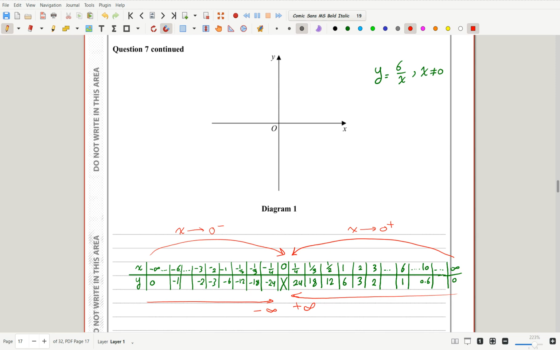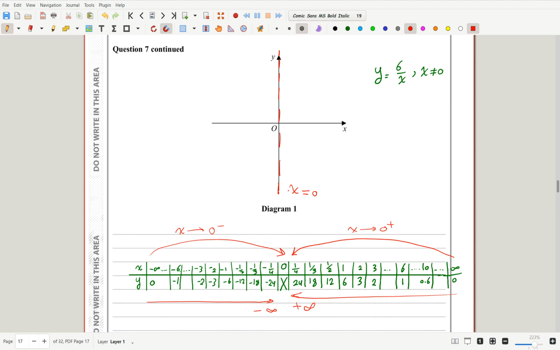Here the curve y equals 6 over x will not touch or cross the line x equals 0. So the line x equals 0 is the vertical asymptote, and we should label it x equals 0.